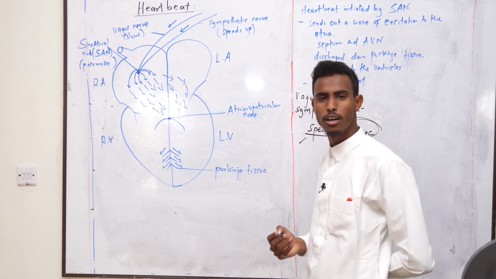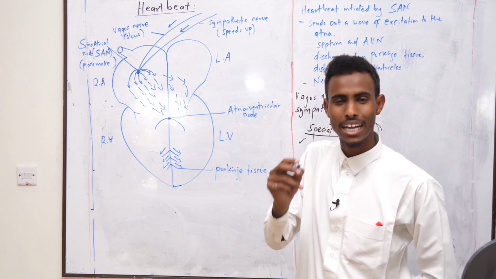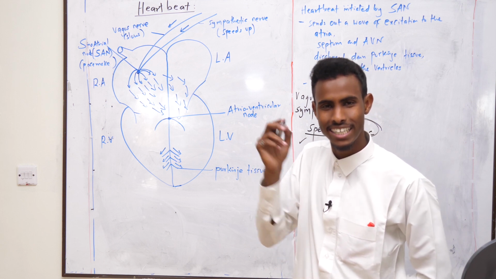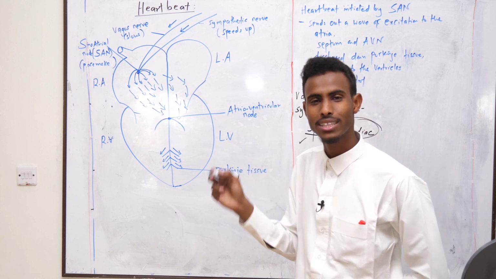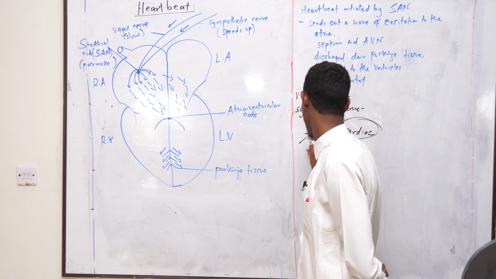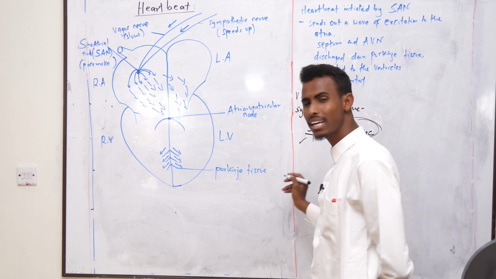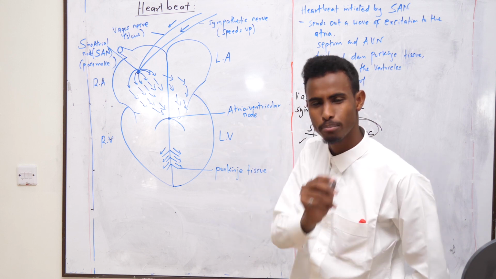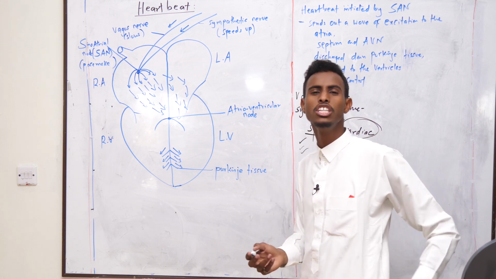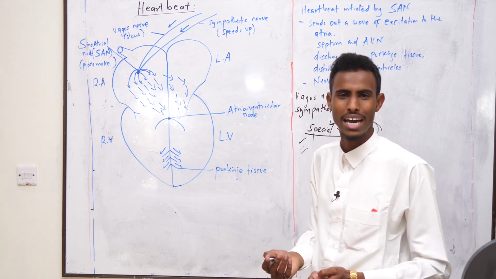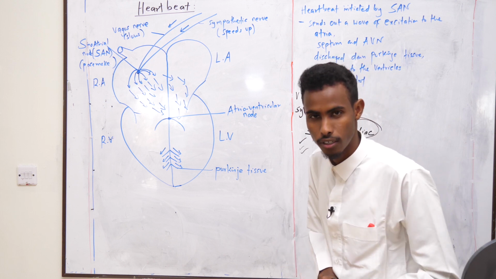Point number two, the cardiac muscles are interconnected by intercalated discs that allow waves of contraction to travel throughout the muscles of the heart. Point number three, the cardiac muscles are myogenic, meaning they initiate their own contraction and relaxation without nervous stimulation.